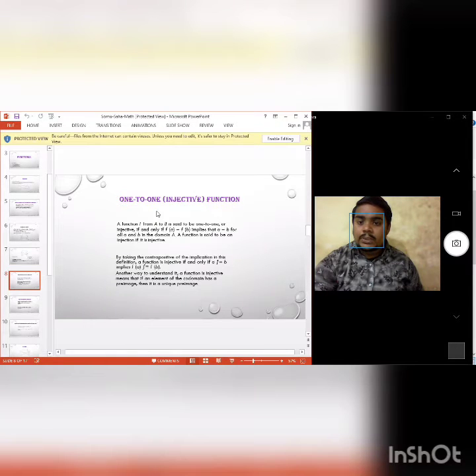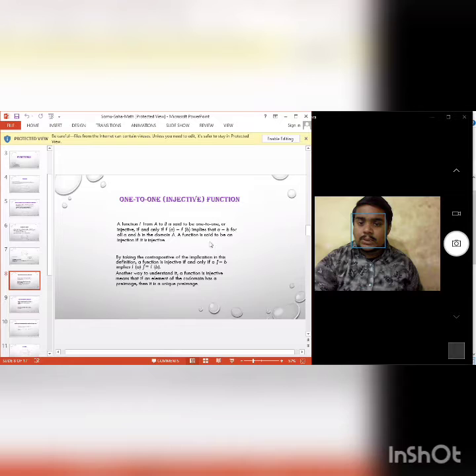Now, one-to-one injective function. A function f from A to B is said to be one-to-one or injective if and only if f(a) = f(b) implies that a = b, for all a and b in the domain.